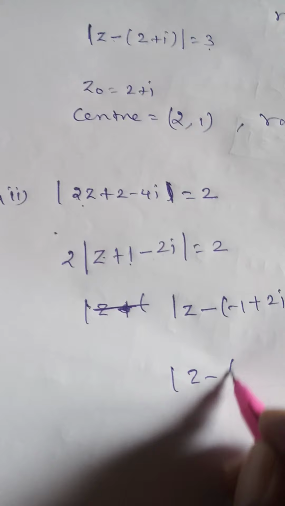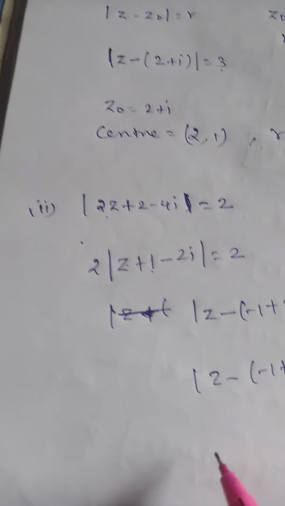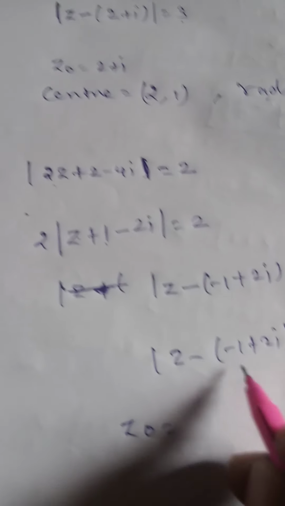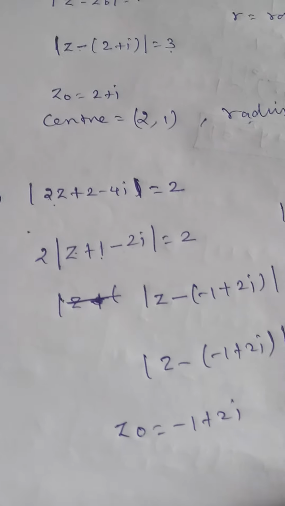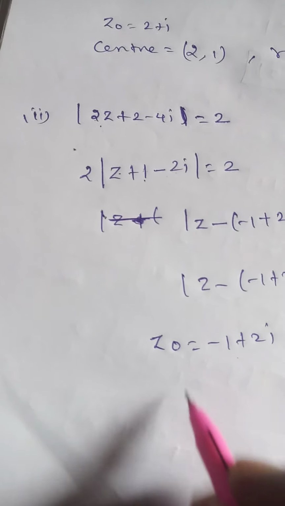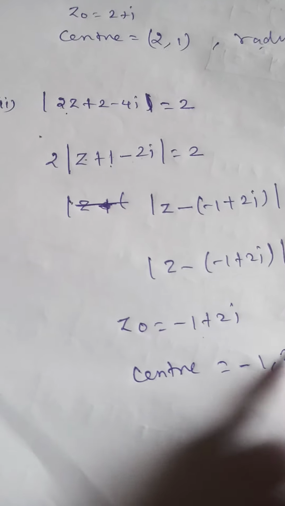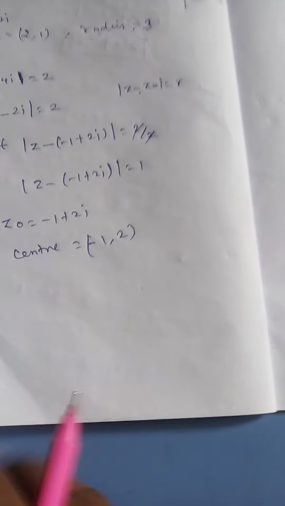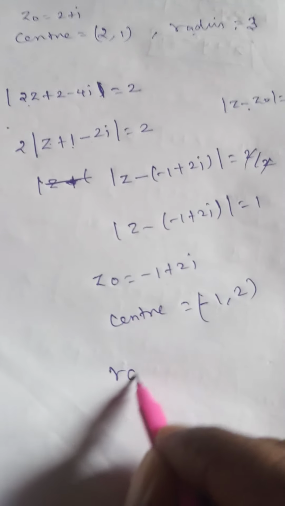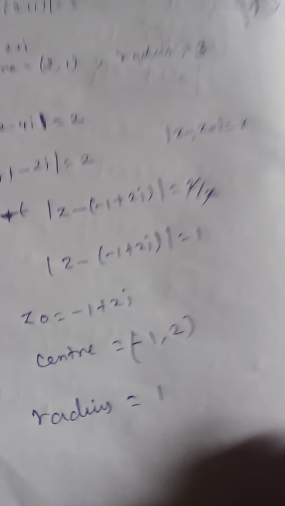Modulus of z minus (minus 1 plus 2i) equal to 1. So z naught equals minus 1 plus 2i, the center is (minus 1, 2), and the radius value is 1.